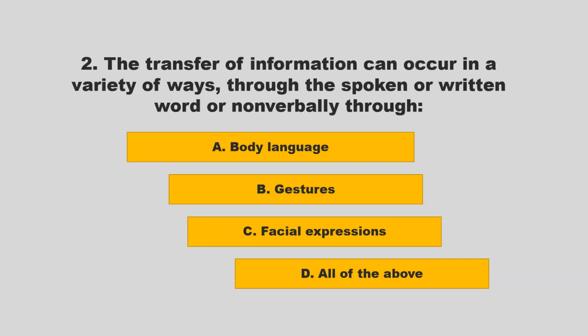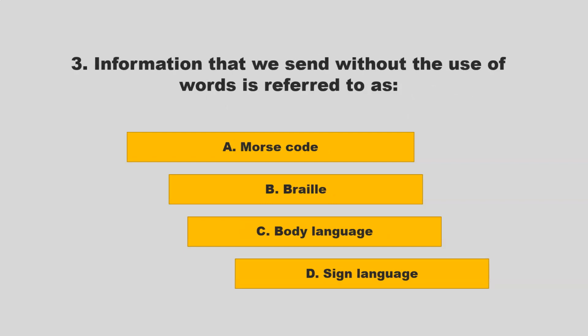The transfer of information can occur in a variety of ways through the spoken or written word or non-verbally through, is it body language, gestures, facial expressions, or all of the above. If you chose D, all of the above, you are correct.